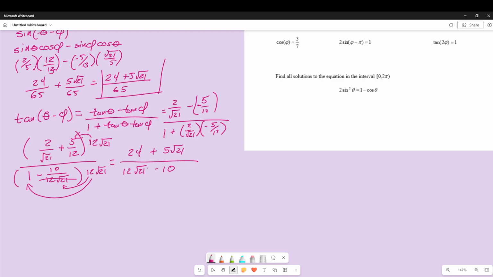And of course we can't cancel out the square root of 21's because they're not in every term. So unless we wanted to multiply by that denominator's conjugate to rationalize it, which we technically could, but if you've got a multiple term denominator, don't rationalize it, just leave it. So that's our tangent of theta minus phi.